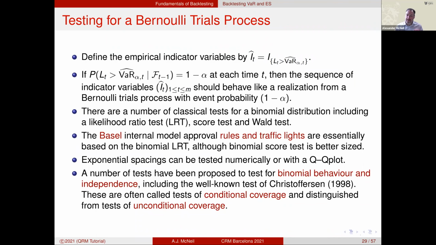But where you see a test of conditional coverage, the test is supposed to be sensitive to both a misspecification of the distribution and a misspecification of independence. So in fact, the data show signs of serial dependence. And so I'm going to talk about both those things in the remainder of my class today.